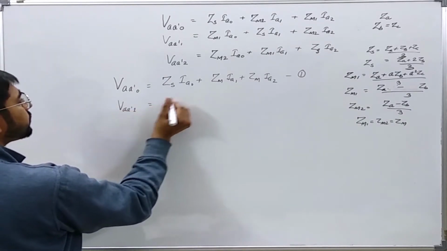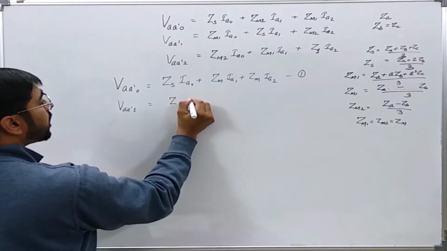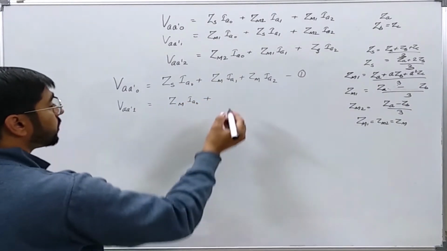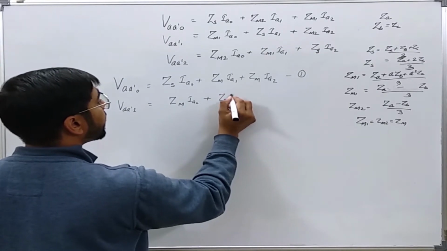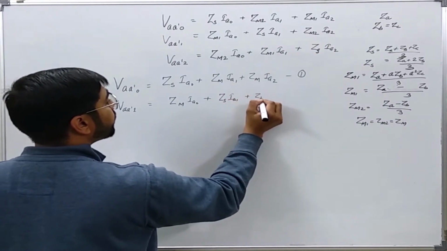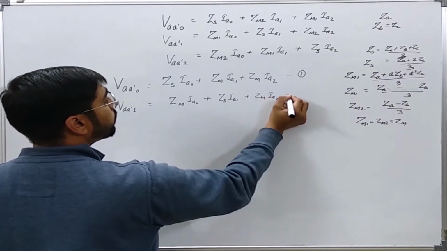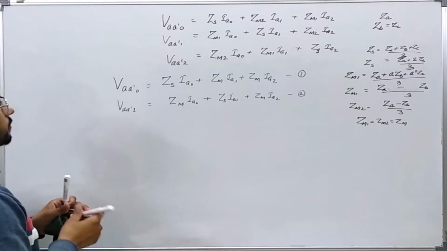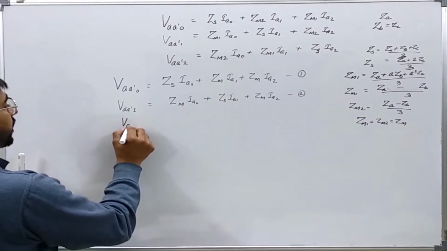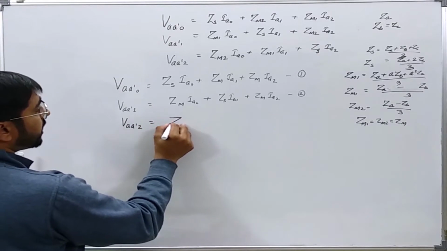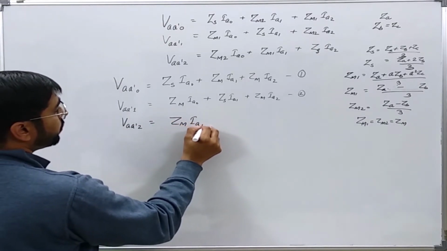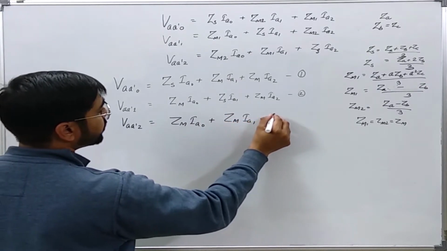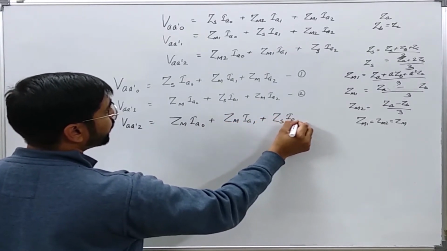VAA1 equals ZM IA0 plus ZS IA1 plus ZM IA2. And the third equation we can write: VAA2 is equal to ZM IA0 plus ZM IA1 plus ZS IA2.